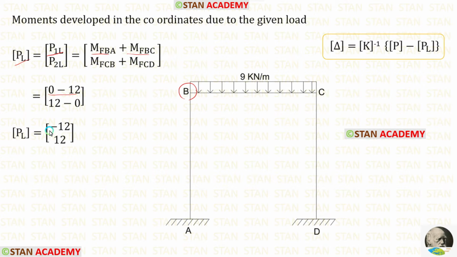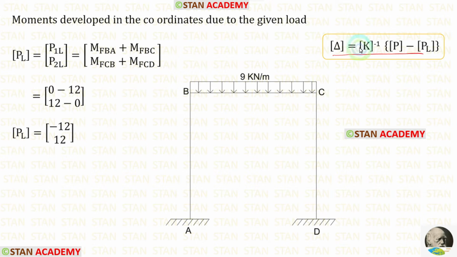After adding, we are getting minus 12. Now let us find P2L. Our second coordinate is in the point C. In the point C, we have calculated two fixed end moments, M of CB and M of CD. We have to add both of them. After adding, we are getting 12.